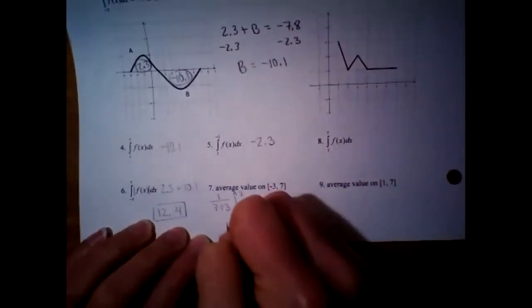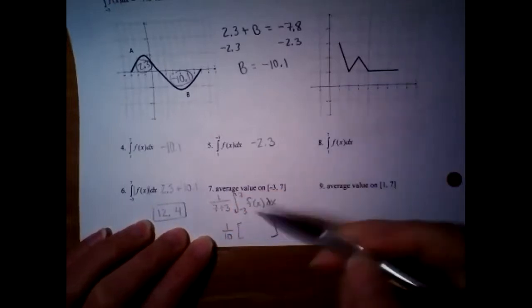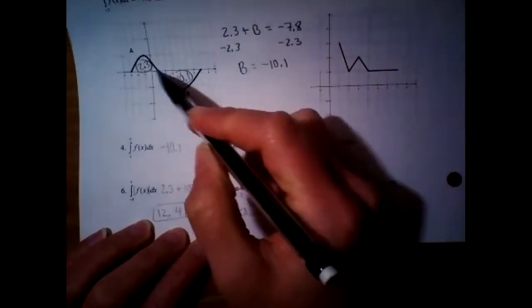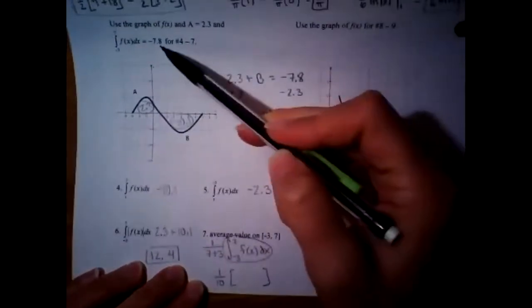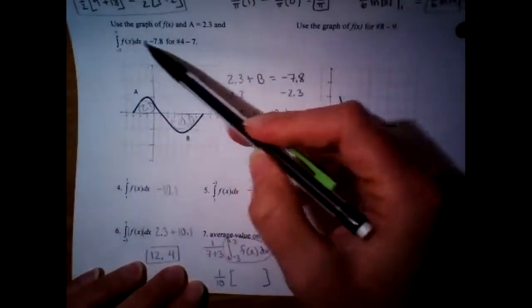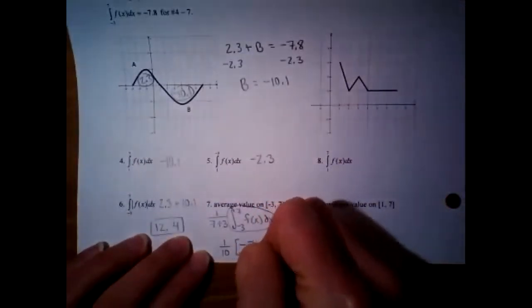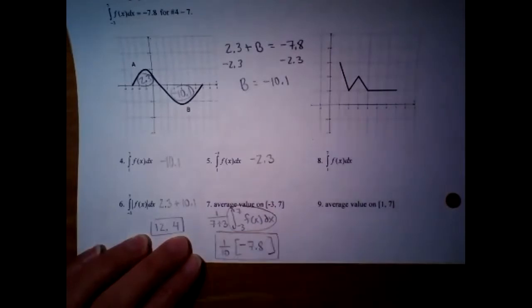So this is going to be 1/10 times whatever this integral is. And this one, they actually gave us, you can get it from the graph if you wanted, but they gave us way back here in the beginning. Integral from -3 to 7 was -7.8. So 1/10 times -7.8.